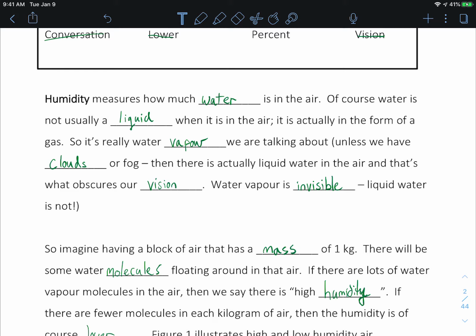Now, in the case of clouds or fog, we're talking about water that's moving slower, and those water molecules are moving slow enough that they start to interact with each other, and they start to collide and connect with each other, and that's when they're kind of liquid droplets floating in the air. And in that case, a cloud or fog is actually not invisible.